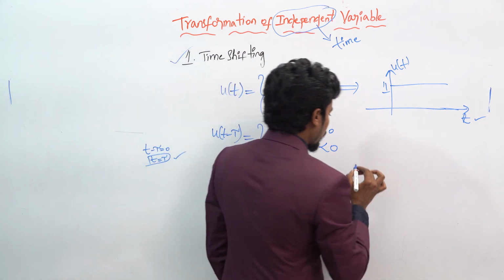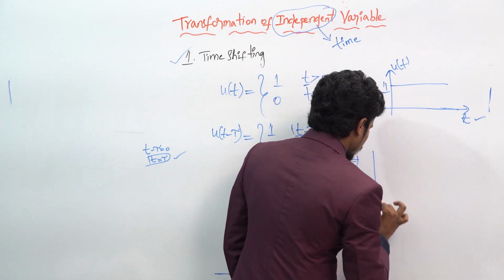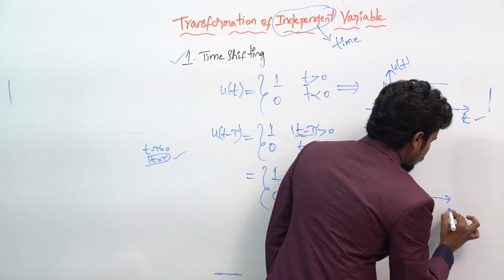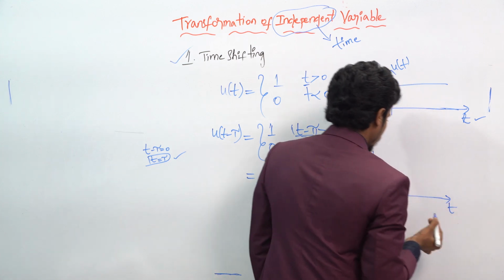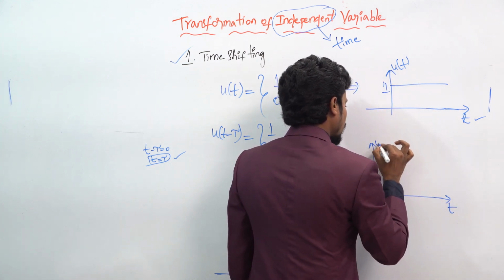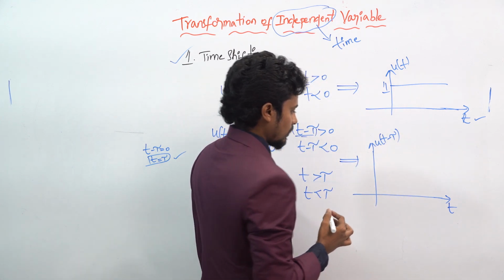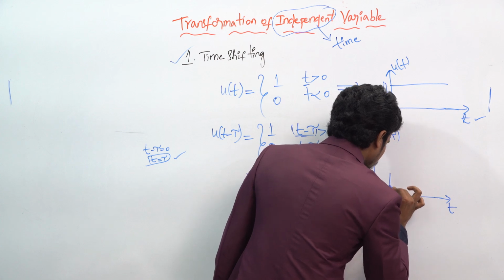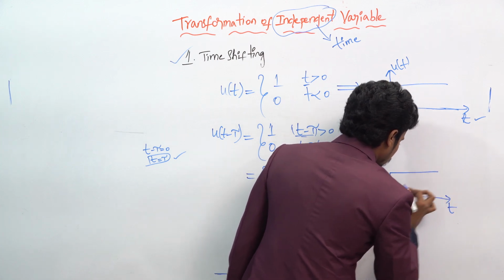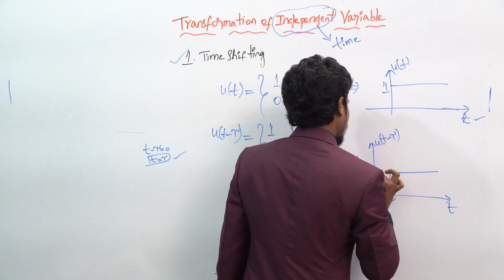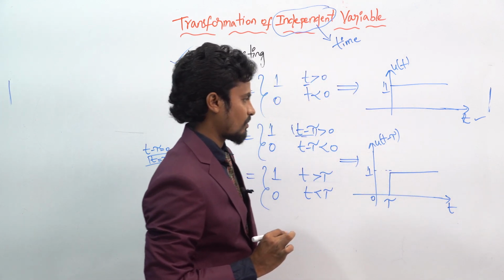Let's see the plot for this. Here our independent time variable is t, and here this is u of t minus tau. Here this is 0 and here this is tau. Here the magnitude is 1.